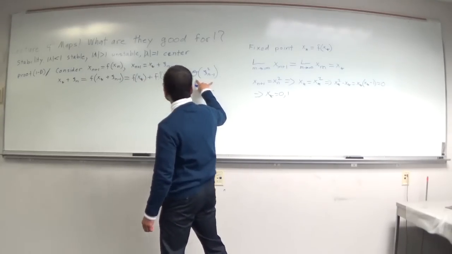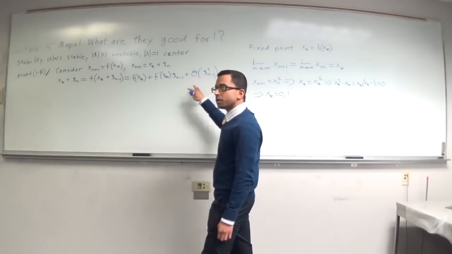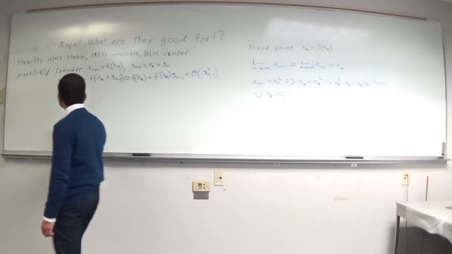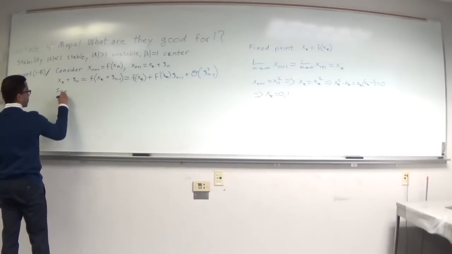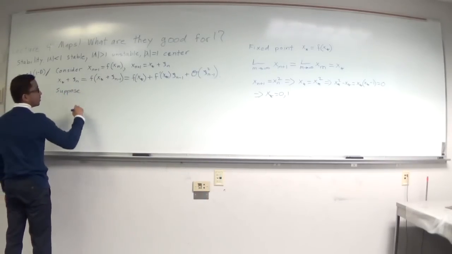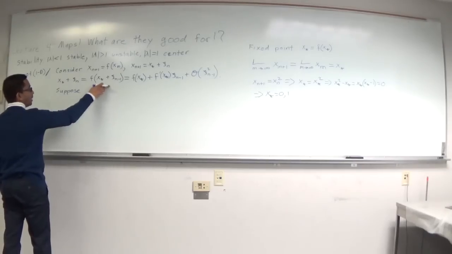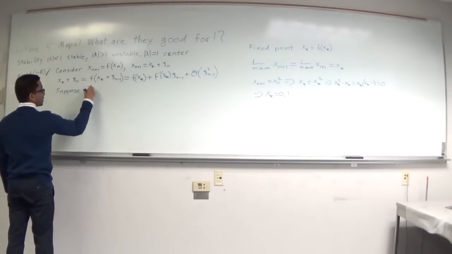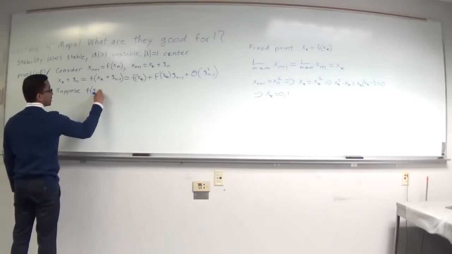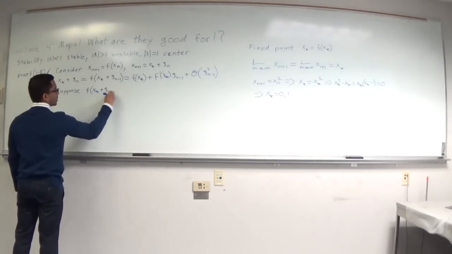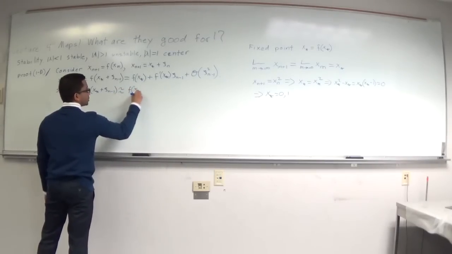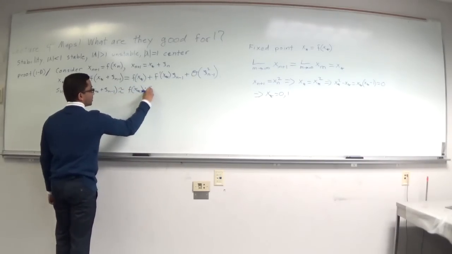But now, suppose these higher order terms are small enough that we can ignore them. Suppose that we can approximate this as this, that this is a good approximation.